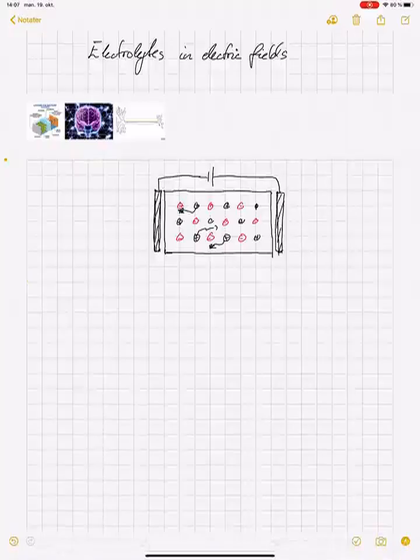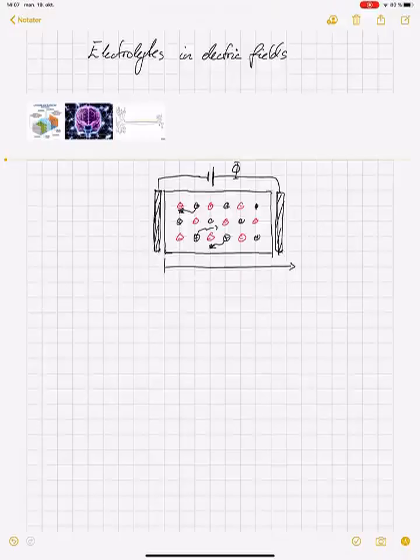These electrodes are connected to a battery, giving a potential difference, so that there is an electric potential across the cell. If we now put in a space axis here, one end of the cell is position x equals 0, the other end of the cell is x equals L, which is the length of the cell.